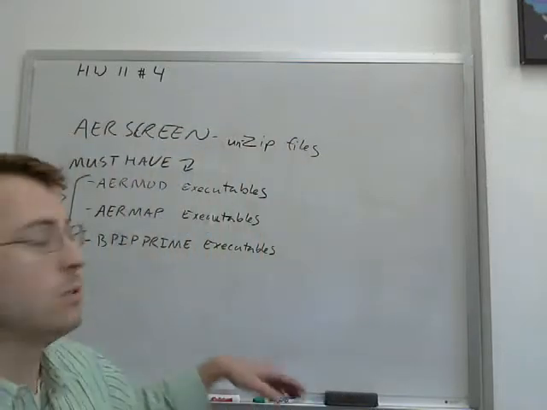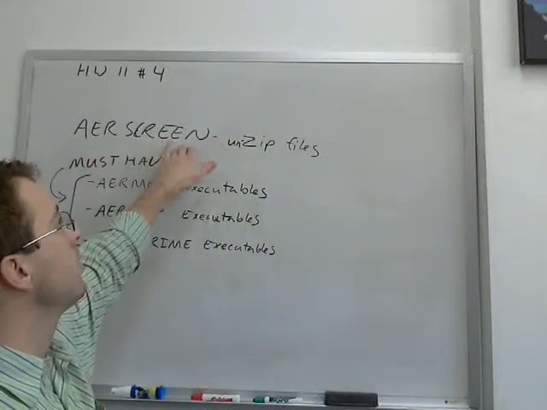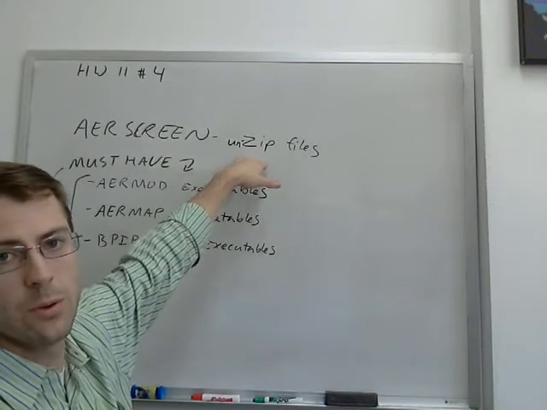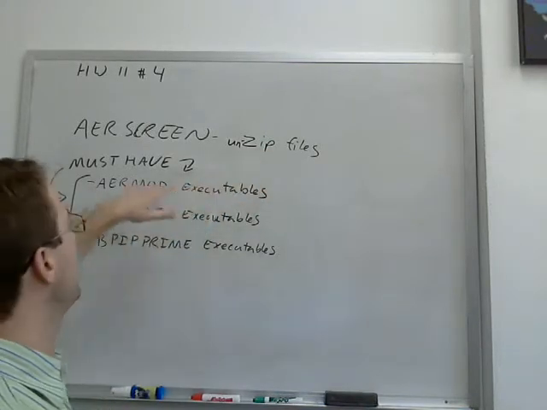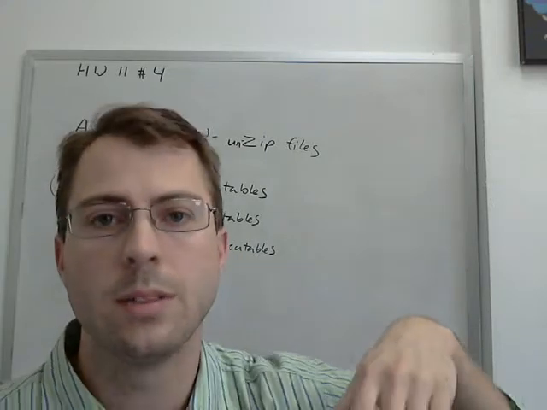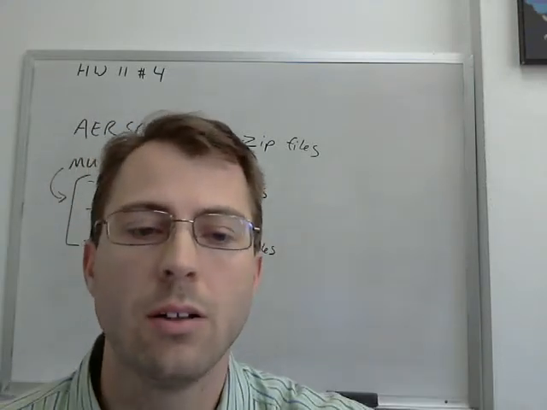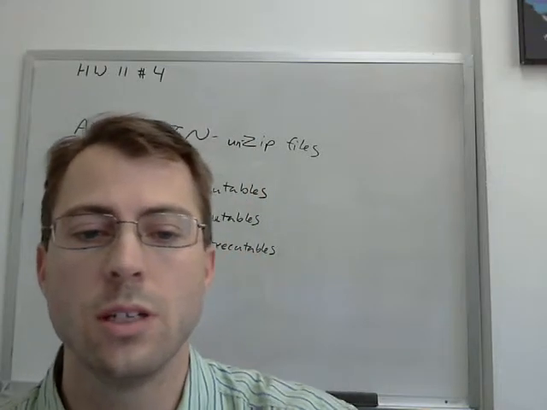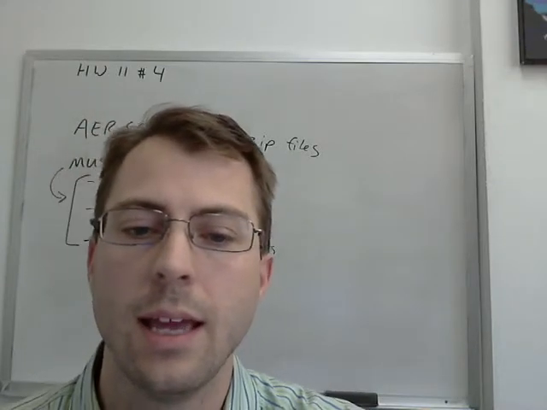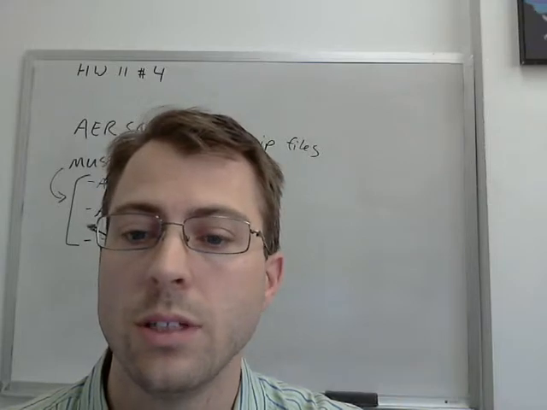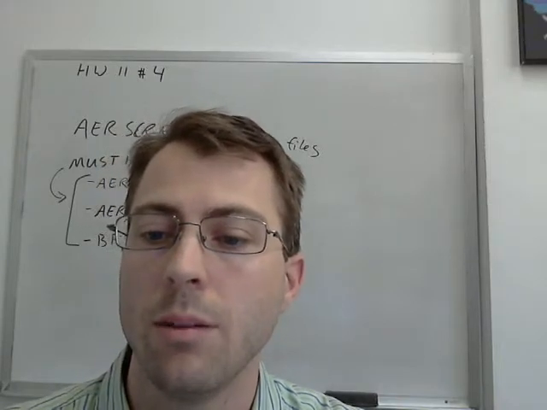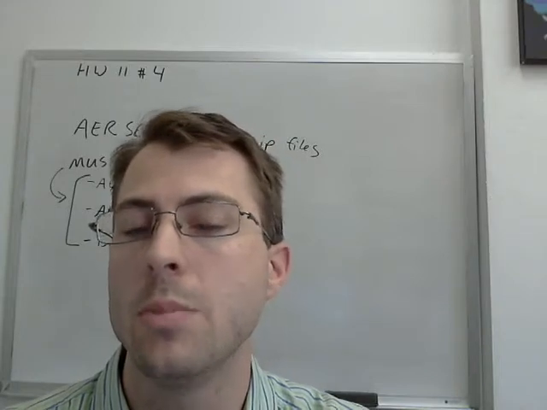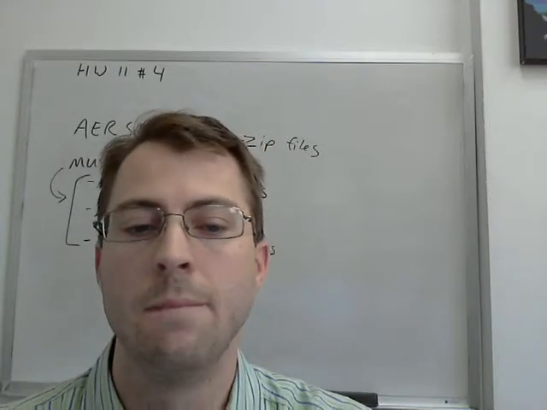So first you want to go get the AERSCREEN, unzip the files, save them into a folder on your computer. Then if you read on the EPA website, it tells you that before you can use AERSCREEN, you must have the latest AERMOD executables, the AERMAP terrain processor, and the BPIP Prime executables.